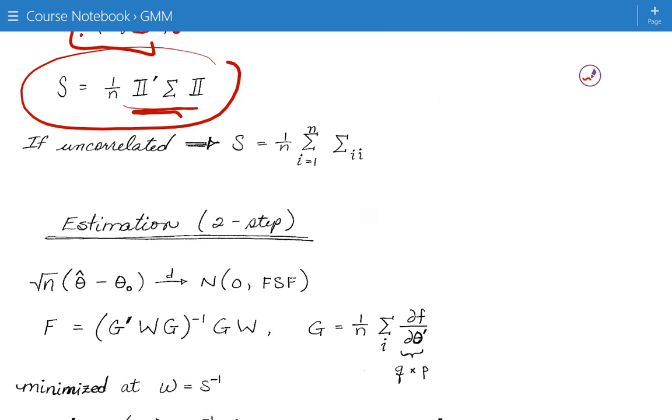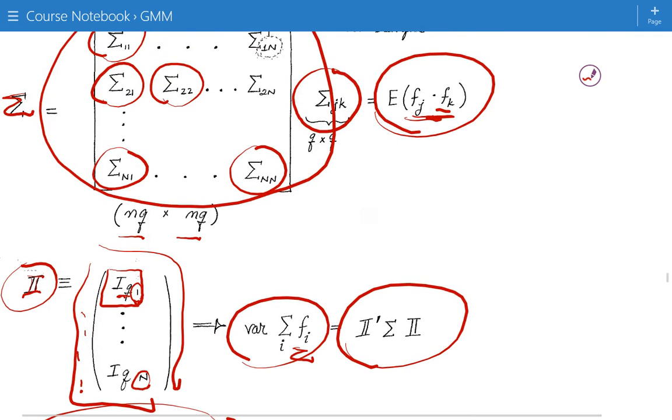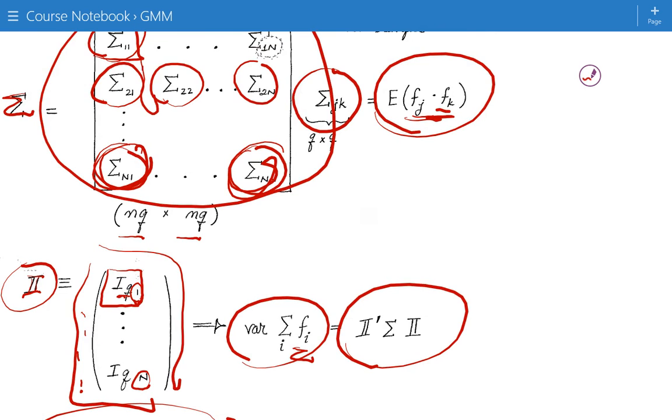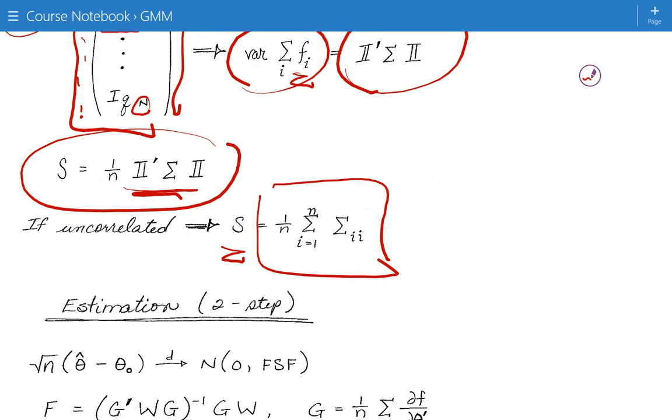Now, if the observations are uncorrelated, such that all of these off-diagonal matrices are 0, and it's just block diagonal with the sigma matrices going down the diagonal, then S is even simpler. It's simply the sample average of the variance covariance matrices for each observation.